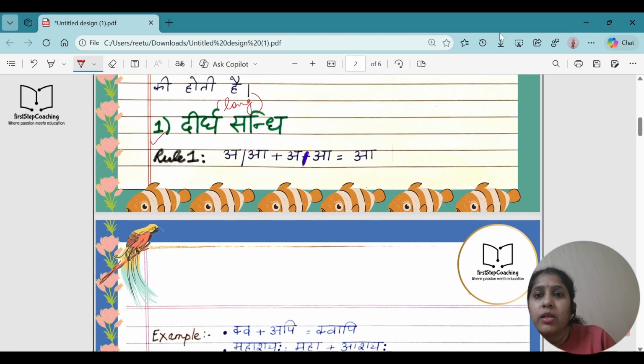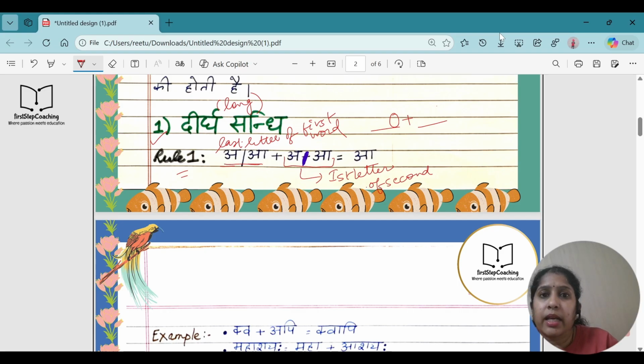The first rule says that if you are joining two words, the last letter of the first word is a or ā, and the first letter of the second word is a or ā, then what happens? The a becomes ā, or if ā is there, that also becomes ā.